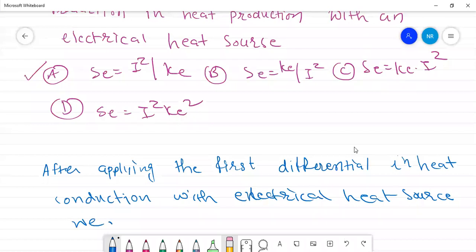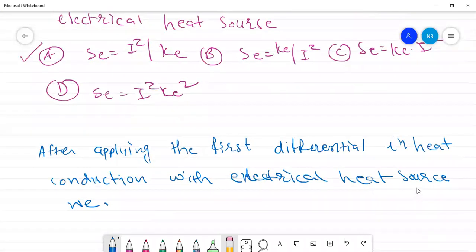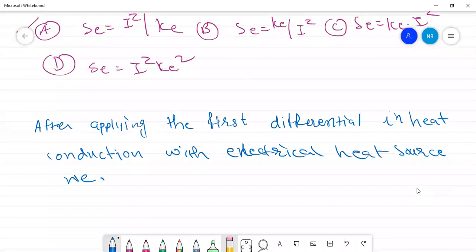Once I apply the first differential equation in the electrical heat source theory, what will be your answer? Now I will not share any MCQ bank with no answers. You have to read the theory and, based on the theory, give the answer.